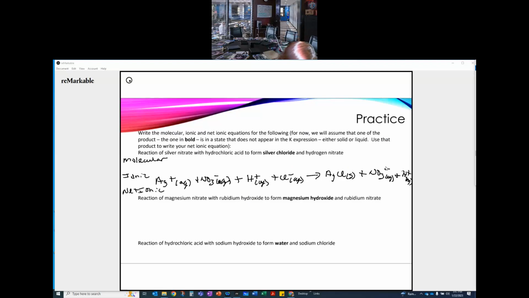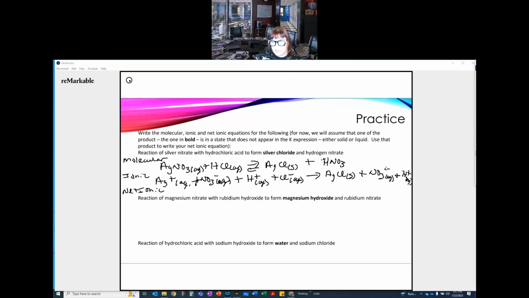That means that my molecular equation is going to be an AgNO3, sorry, I apologize, that's an AgNO3 that's aqueous, plus an HCl, also aqueous, going to give me an AgCl solid plus an HNO3, hydrogen nitrate, HNO3.